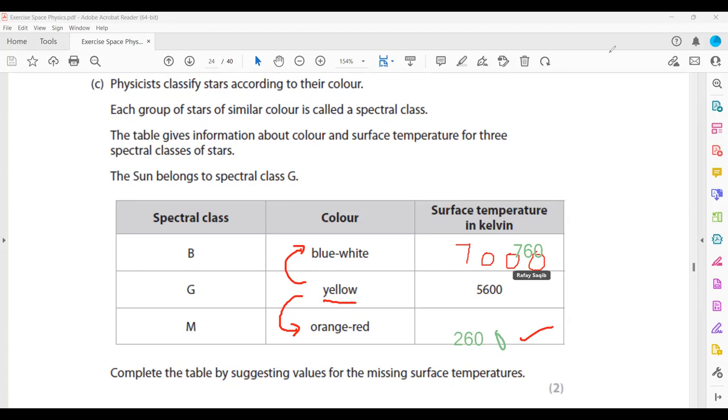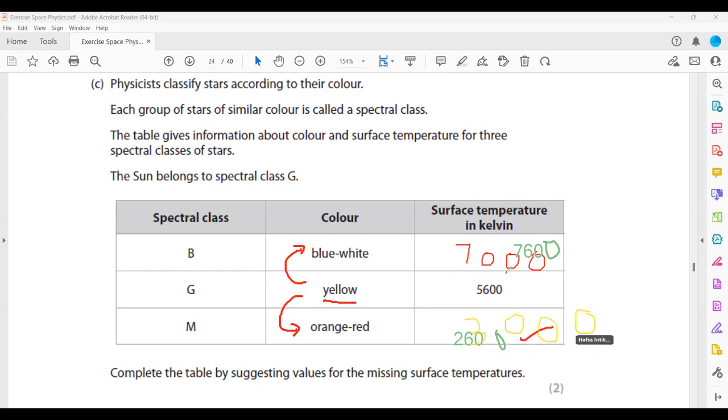Here you don't have to memorize the temperature. You have to identify if a class of a star is blue or blue-white, it means it will have a high temperature. If it is red or orange-red, it will be low temperature. And yellow, it's having a moderate temperature. So this question is not related to memorization.